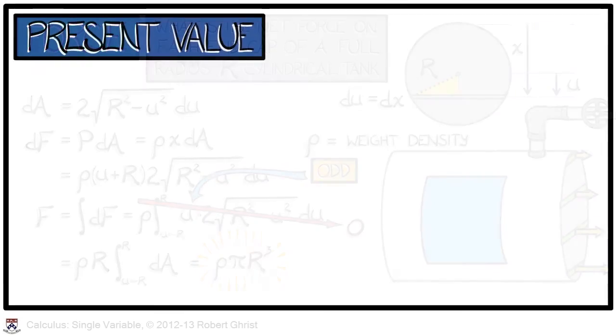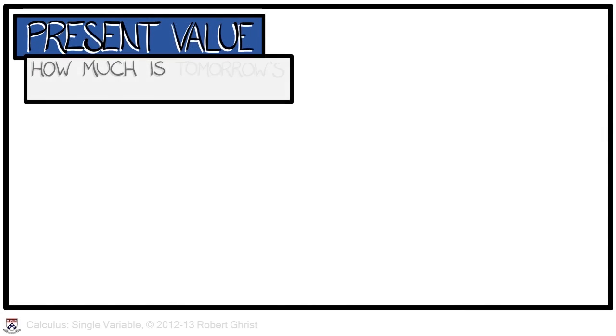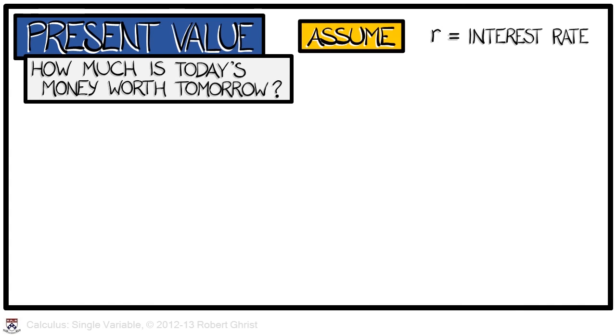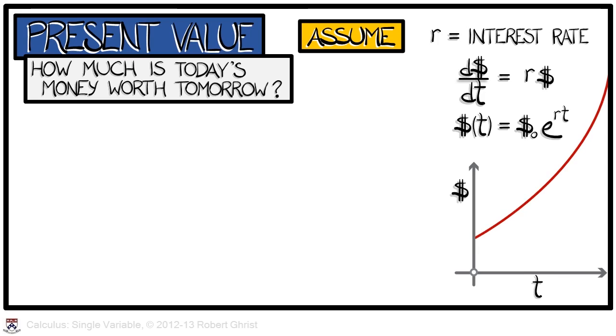Let's turn to a financial example, the concept of present value, namely, how much is tomorrow's money worth today? We can answer that if we reverse the question, because if we assume a fixed interest rate of r and continuously compounded investment, then we know from our work on simple differential equations that money grows exponentially with an exponent depending on r, the interest rate.